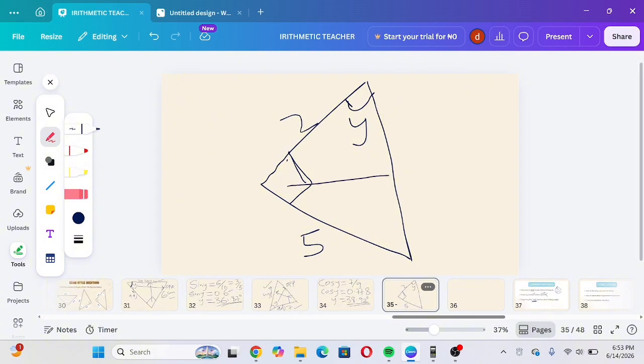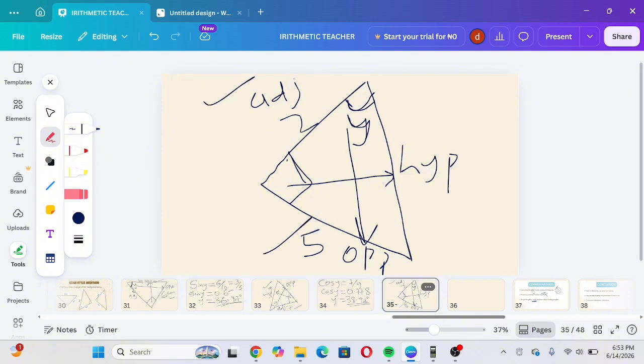This is the right angle, the side facing the right angle is your hypotenuse. Then this is the angle of interest. The side facing it is your opposite. Then the side next to your angle of interest is your adjacent. So from this, adjacent is known, opposite is known.